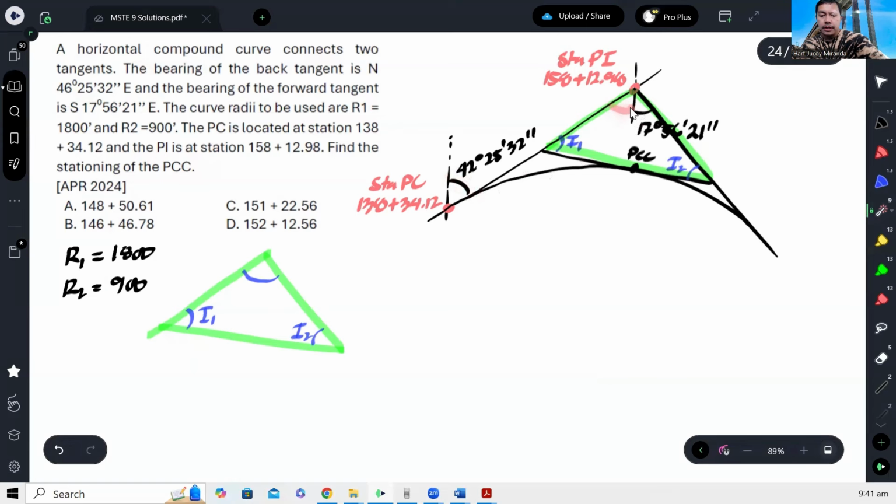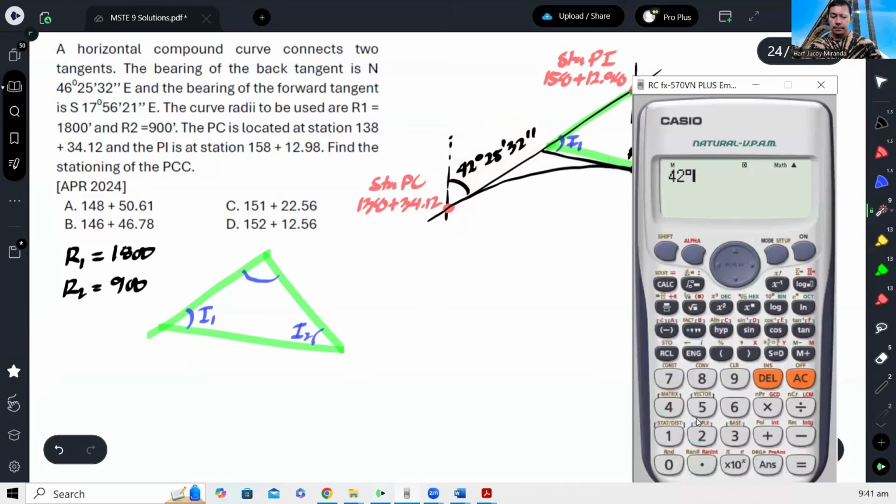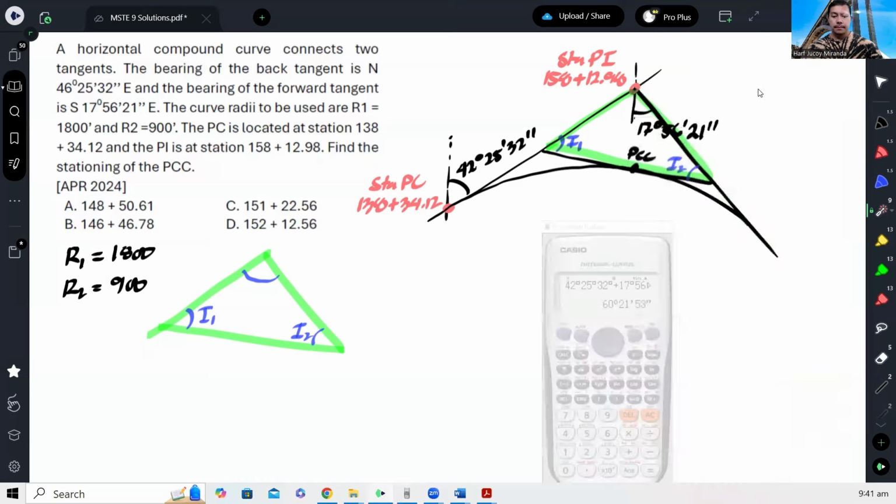So, ibig sabihin, 42 degrees din. Ito kagaya nito. Opposite angle sila. So, ibig sabihin, yung total dito is just 17 plus 42. So, add lang natin. So, that is 60, 21, 53.